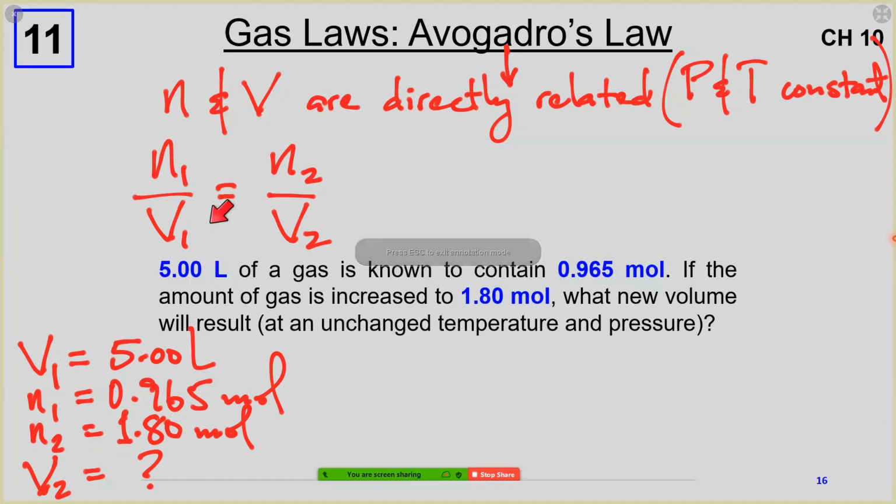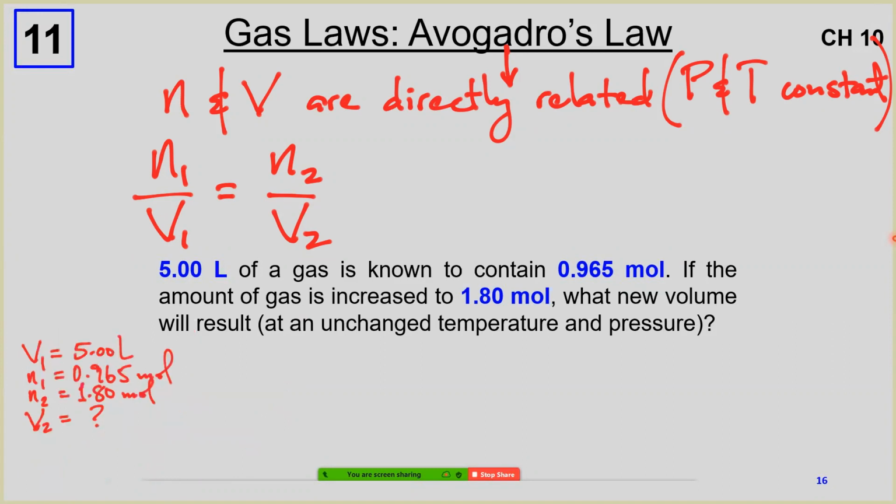All right, so again, this is the information that we need. Now we have to set up our equation. How do we determine V2? We're trying to isolate V2 by itself. So what you can do here is just take the reciprocal real quick. So we're going to do V1 over N1 equals V2 over N2 because we want V2 to be in the numerator.